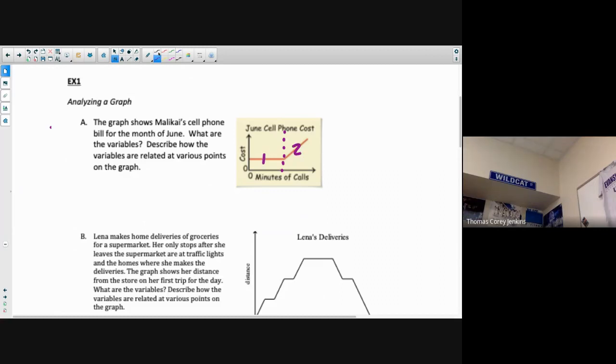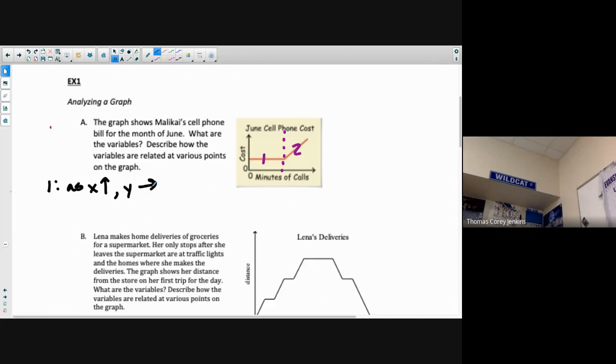All right, so in interval 1, you always kind of think about it this way. As x increases, what's happening to y? Right, so as we move to the right, what's happening to y? It's staying flat. So in interval 1, as x increases, y remains constant.